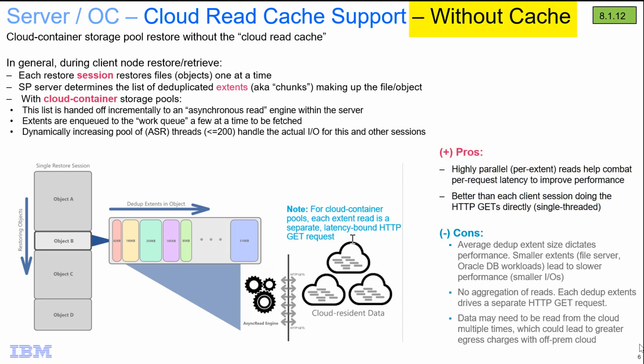The con of this is that because these extents can vary in size and some of them can be small, you end up with a lot of GETs causing a lot of performance overhead, and so your aggregate performance can be kind of slow. Also, it's possible during a restore that the same extent would be needed for multiple files, once again because, remember, extents are just dedupe chunks. So we might have to do a read on that extent multiple times if you're just bringing back individual extents.